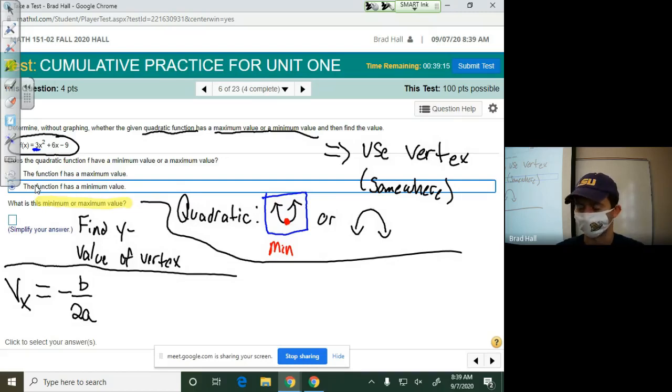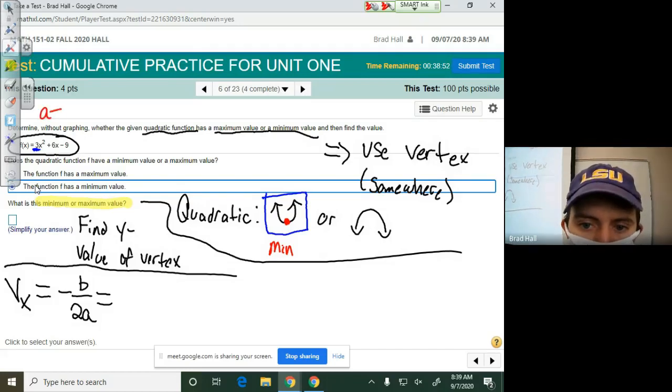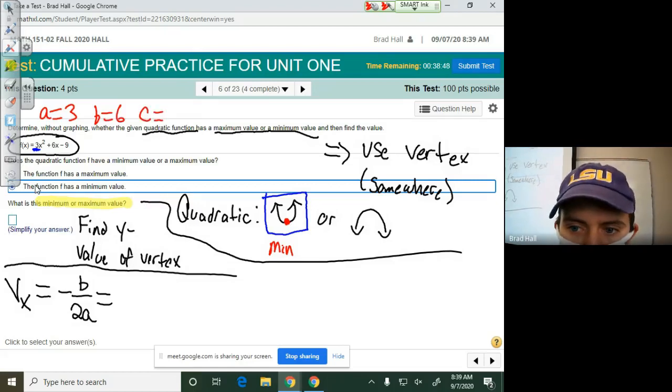And again, as I explained in that video, if you are familiar with the quadratic formula, it uses a's, b's, and c's. These a's, b's, and c's also come from the same set of numbers. So here, a is 3, b is 6, and c is -9.